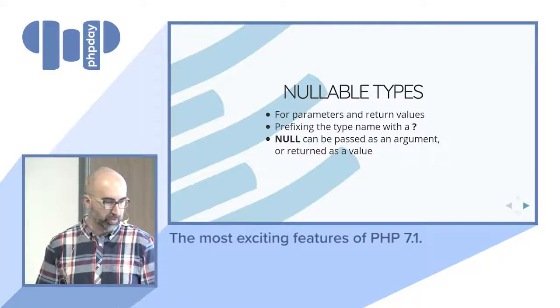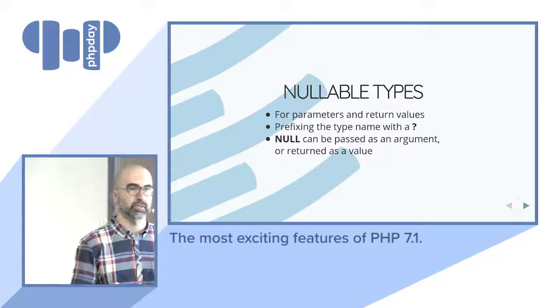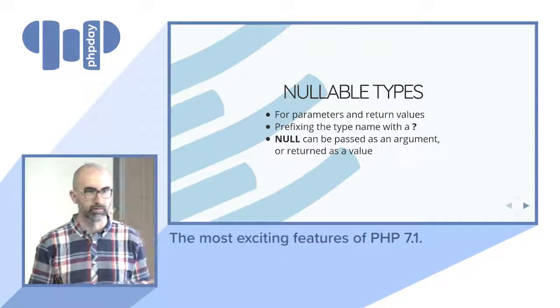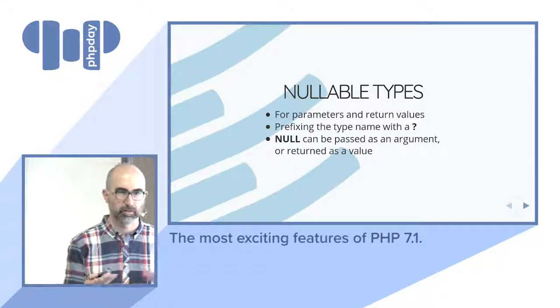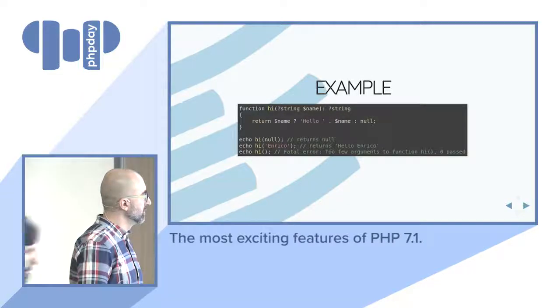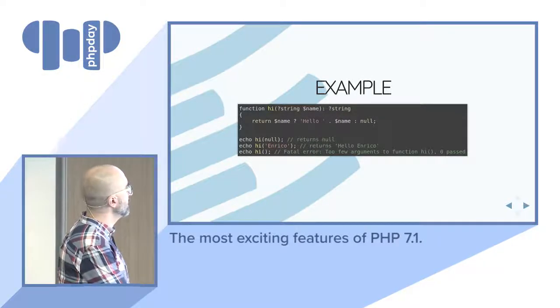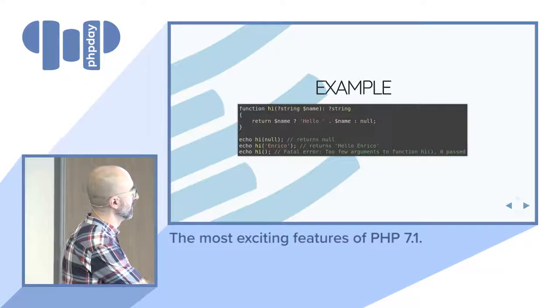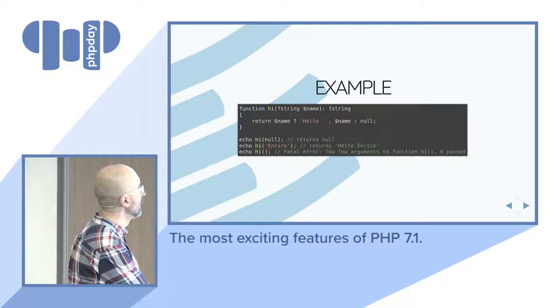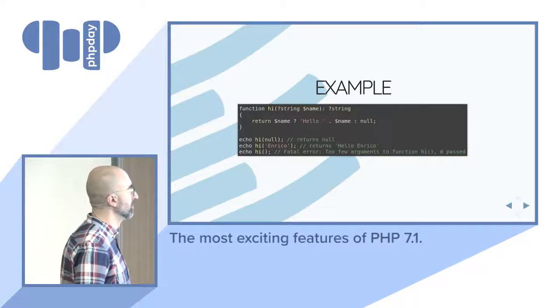Often we use null in a function when something goes wrong, for instance. So you can return null. It's quite a common pattern. This is an example, just a function, hi, that accepts a parameter that is a string and returns a string or null. And you can also specify null as a parameter.